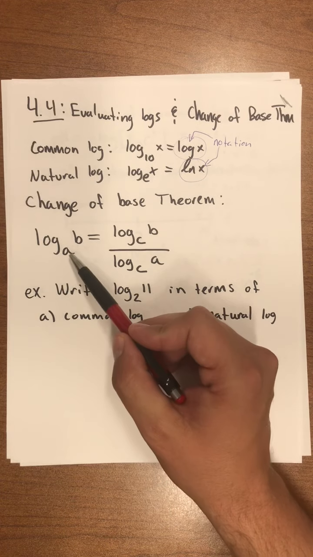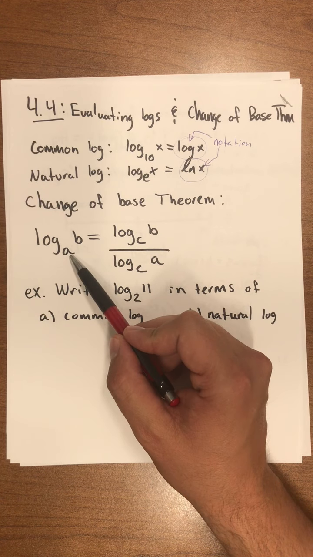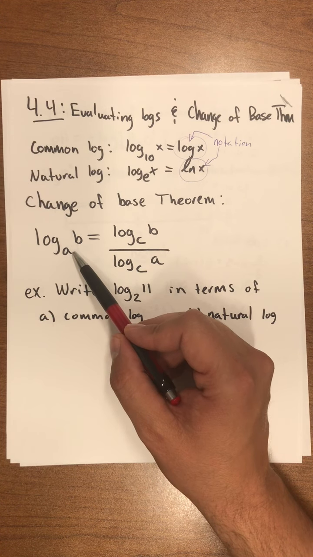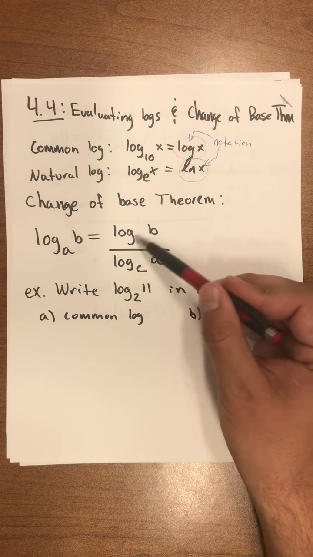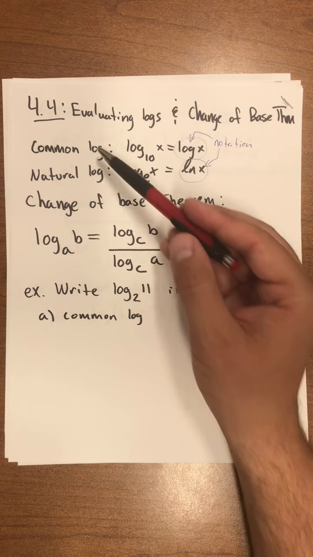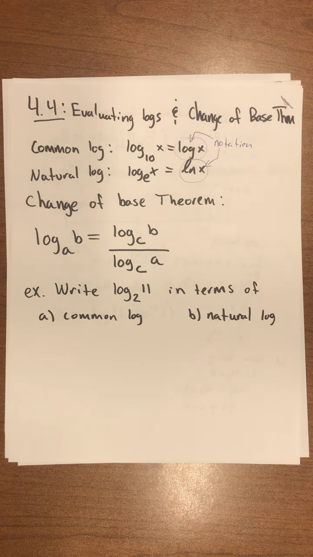So let's say that base a is not favorable to us for some reason. We could choose to change the base and choose a new base, such as common log or natural log, and rewrite the logarithm in a base that we would prefer.